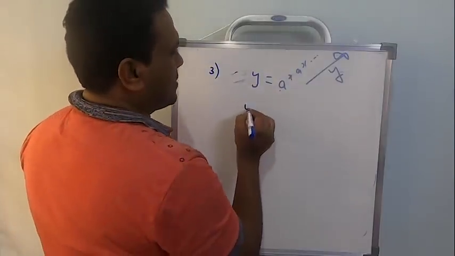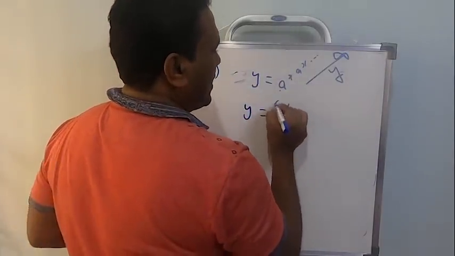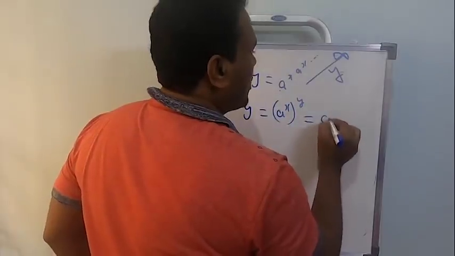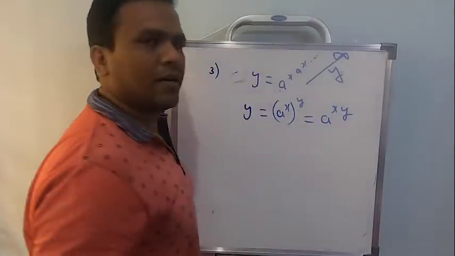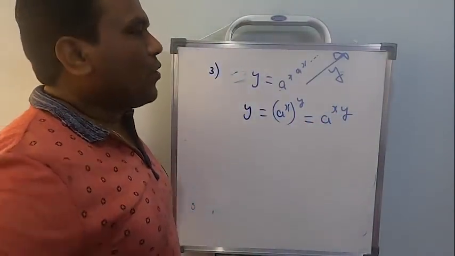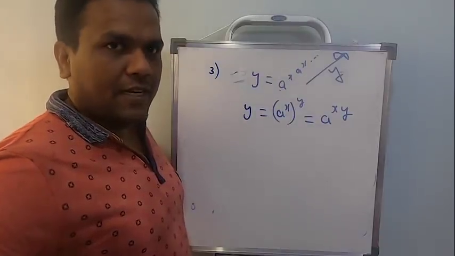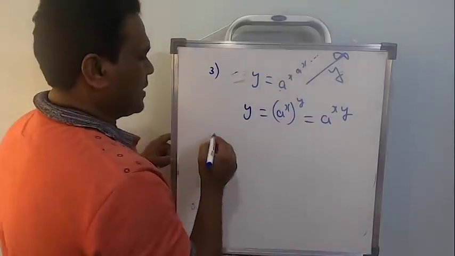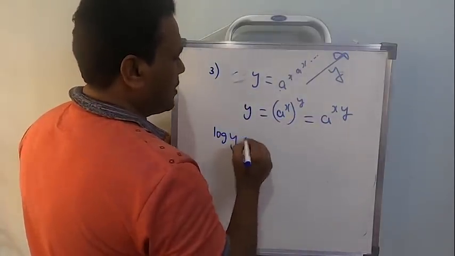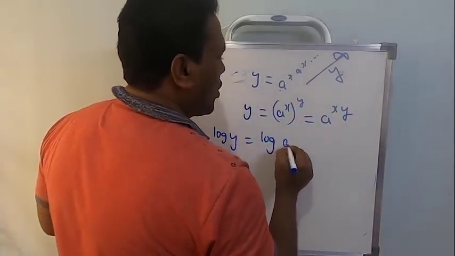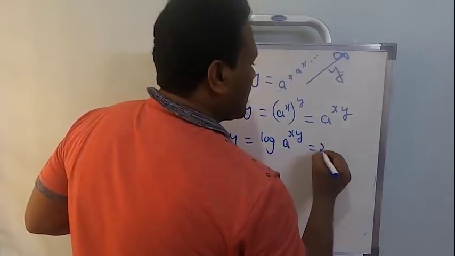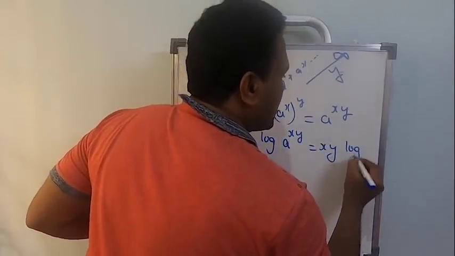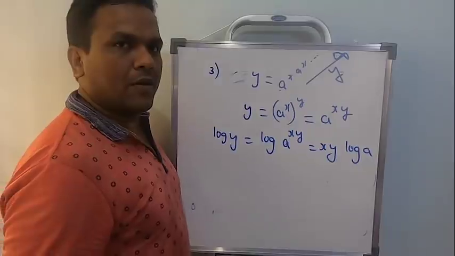So this will be written as y is equal to a power x whole to the power y, or simply a power xy. Now you can go for differentiation directly, or you can take the help of logarithm on both sides. So the left hand side is log y, the right hand side is log of a to the power xy, which can be written as xy multiplied by log a.